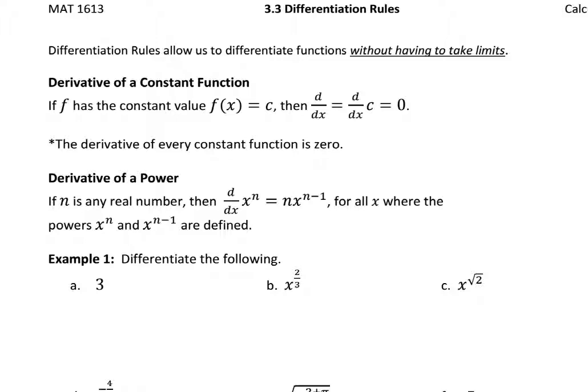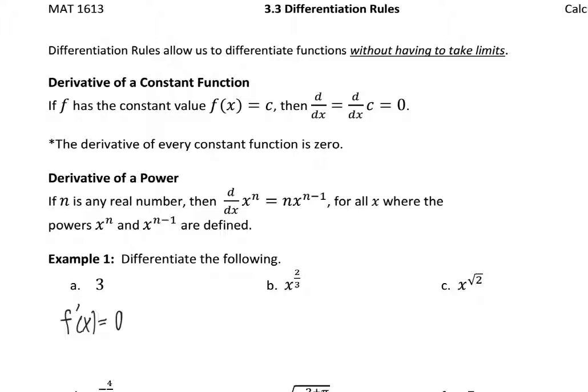F prime of x is 0. Y prime is 0. There's so much notation, and that can actually be the confusing part here. So I could say just f prime of x equals 0, because that's just a constant for a.